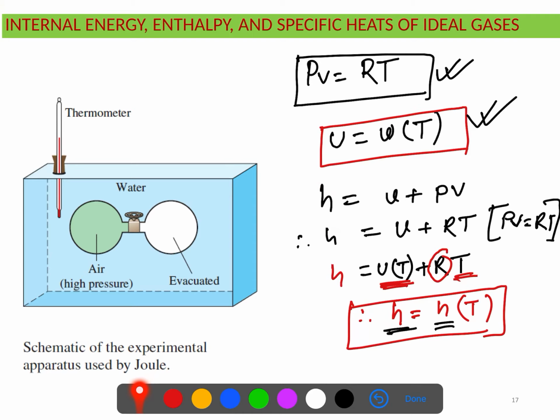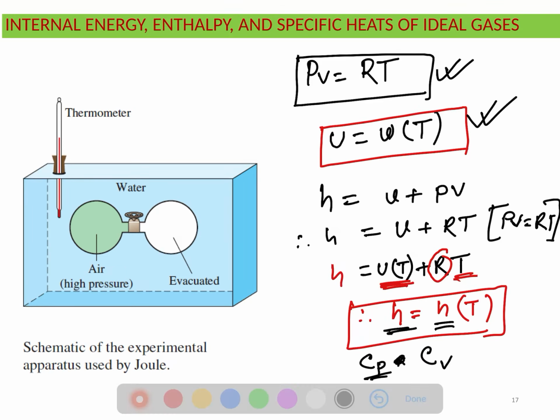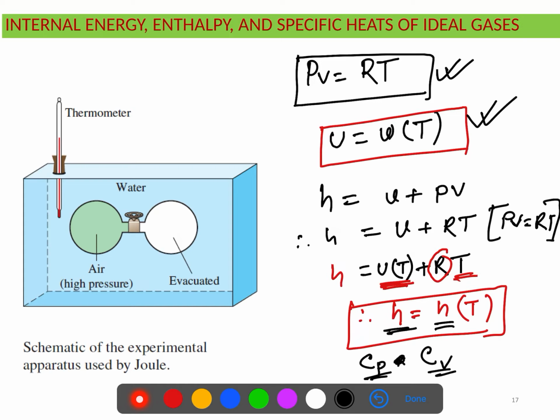So it means h and u depend only on temperature, and not on pressure or specific volume. As they depend only on temperature, similarly the specific heats at constant pressure and constant volume, Cp and Cv, mostly depend on temperature only.